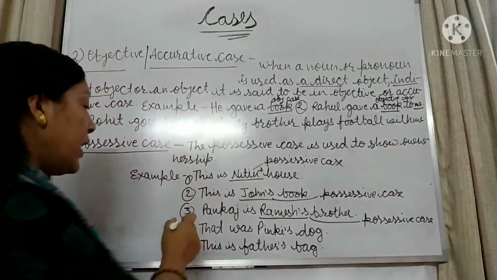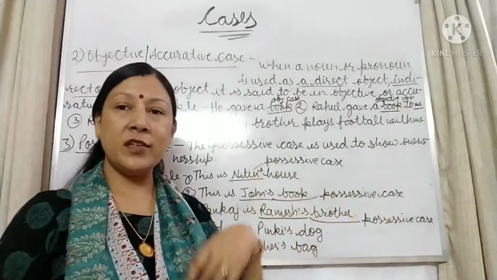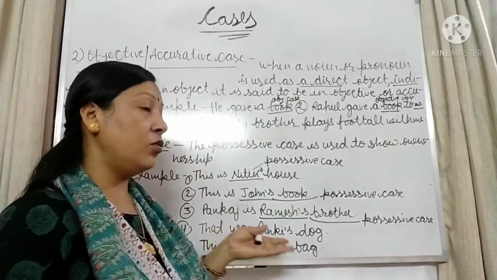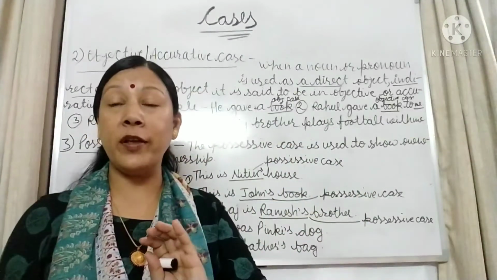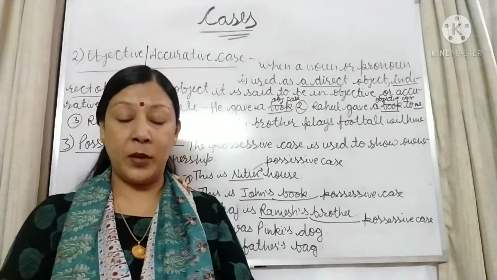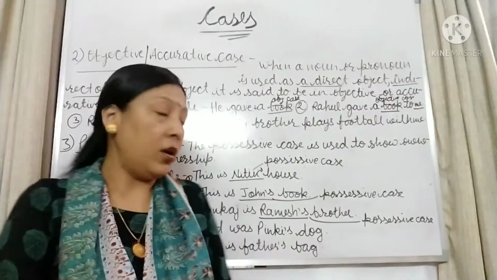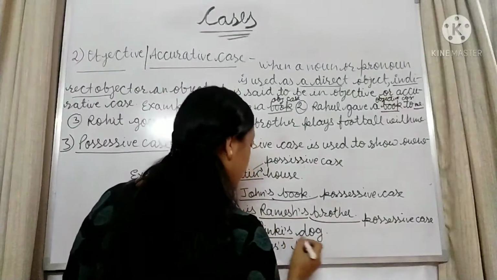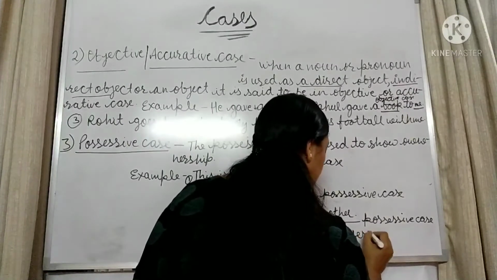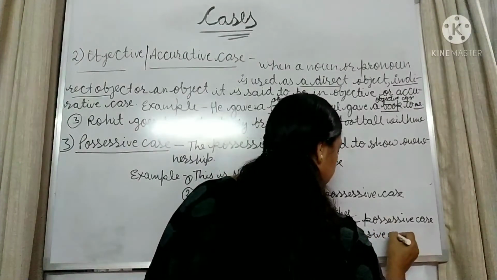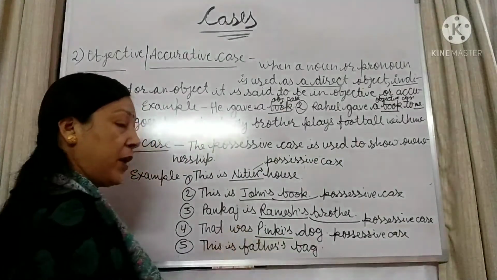Now next, that is Pinky's dog. Like for a dog, we ask, whose dog is this? We will say, that is Pinky's dog. The word Pinky's is telling you the ownership, that Pinky owns this dog. So Pinky's here is also possessive case. Next, this is father's bag.